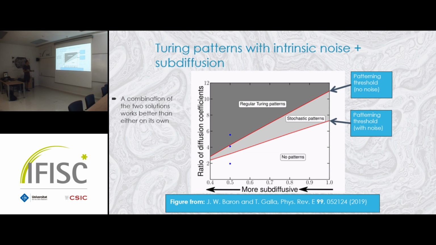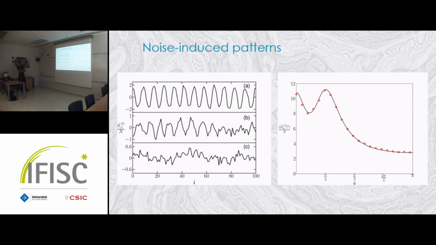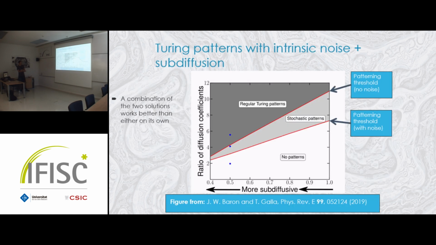So in a sense, the combination of these two solutions works better than either alone. I'll point out as well that this pattern here corresponds to these points of the phase diagram. That's more or less everything I want to say on the Turing patterns issue.